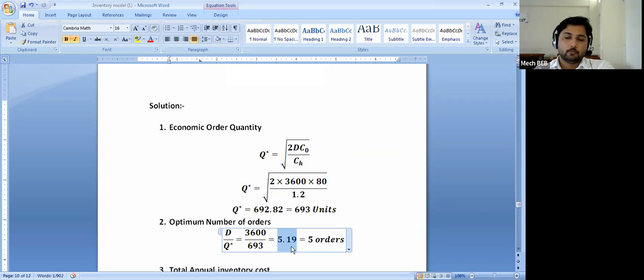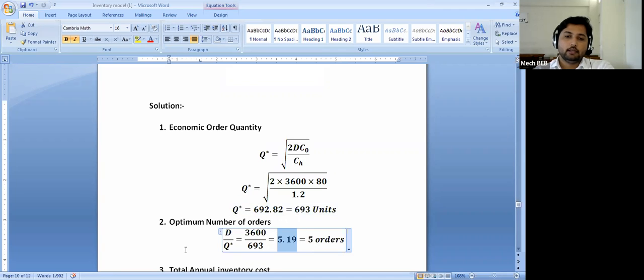If the decimal is less than or equal to 0.50, take the previous number, and if the decimal is greater than 0.50, take the next number. That will be the better approach. Here, 5.98 means we can place 5 orders in one year.